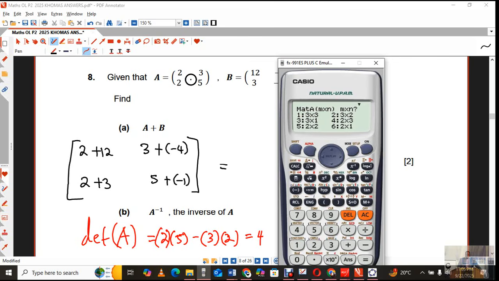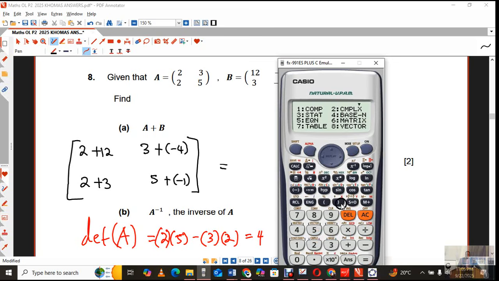Matrix A is a 2 by 2 matrix, so I'm going to choose 2 by 2, which is number 5. I'm going to add the elements of matrix A: 2 equals, 3 equals, 2 equals, and 5 equals. Okay, so matrix A is stored on my calculator.